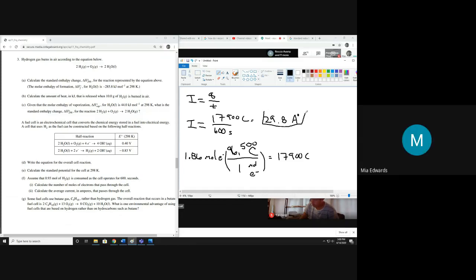Mr. V, should that number for the coulombs after the bracket problem have been 179,500? I don't know. Let me check my math. Oh, absolutely. Yeah, 179,000. My fault. Because it's already 100,000 times 2. So add another 0 there, which moves the decimal one more. So 298 amps, I'm assuming.